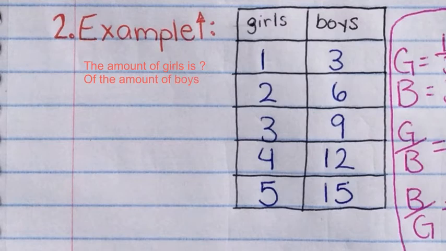Okay, so what I would do there is I would look at which of those figures comes first, and that is girls. So my first digit, or my numerator, will be 1, because that's the first. And my denominator, since my second figure is boys, will be 3, because we have 1 girl for every 3 boys. Okay?